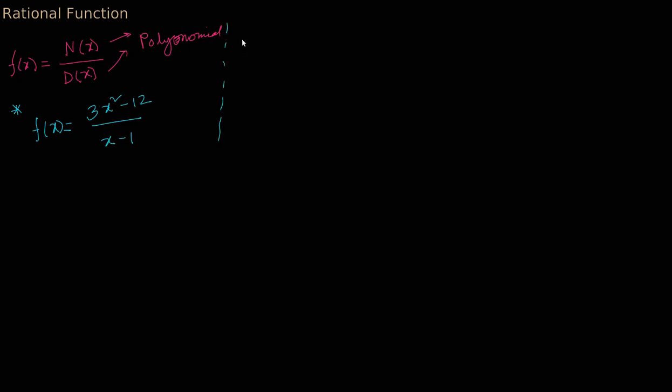Let's say I have another function, g(x) equals x over (x squared minus 6x plus 8). And finally, another rational function, h(x) equals (x squared minus 4) over (x minus 2). So these are my three rational functions.